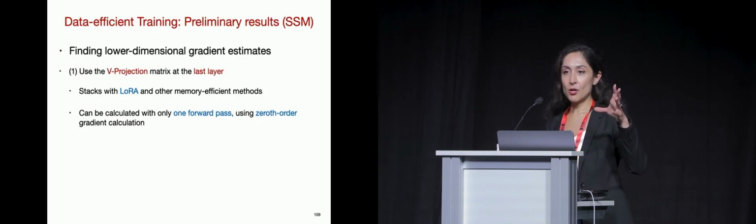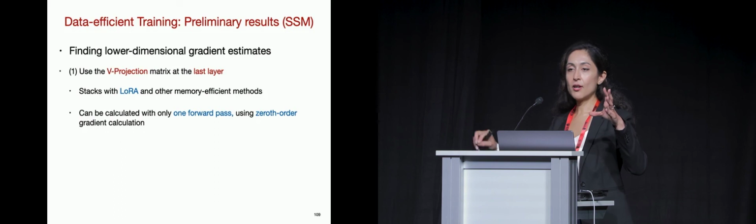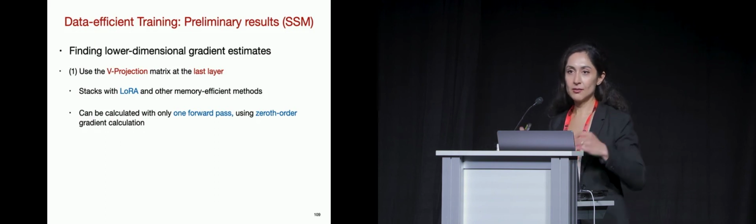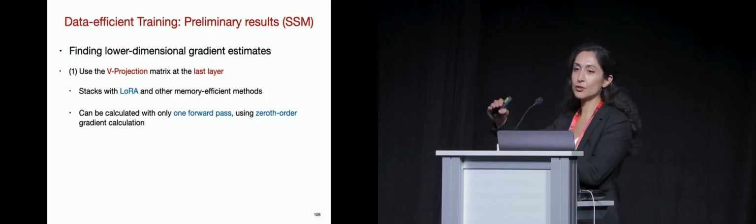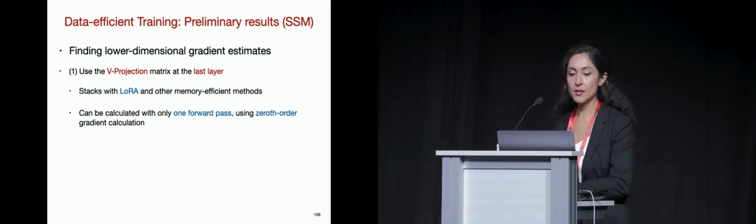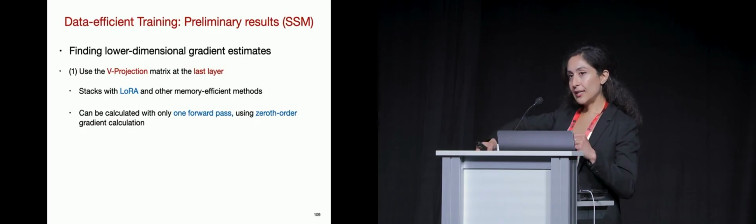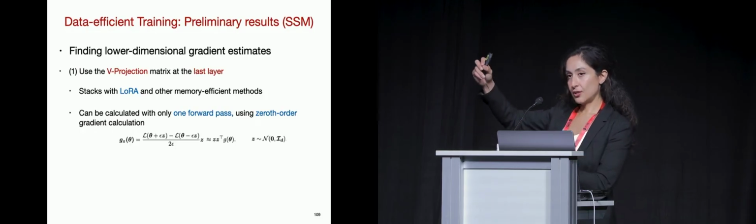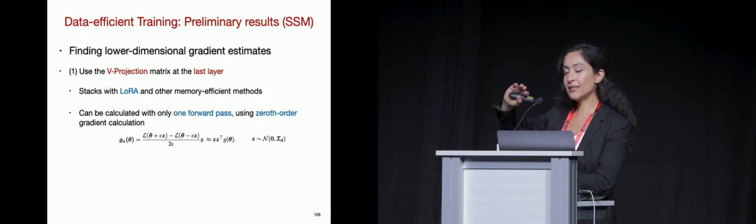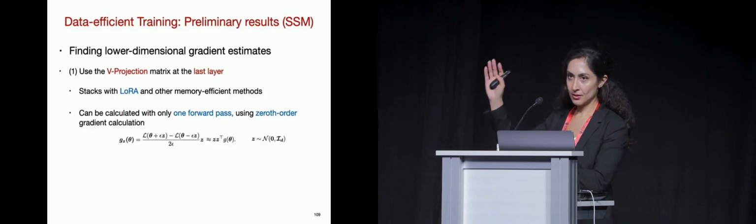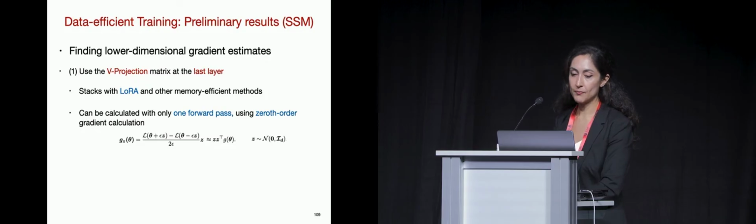So we take the V projection, and even if we are fine-tuning with LoRA or other memory-efficient methods, this is going to be the same, we just have a smaller V projection matrix. Now, we can get the gradient of this last V projection matrix, which, if you remember, is still very large to use. But let's have this for now.